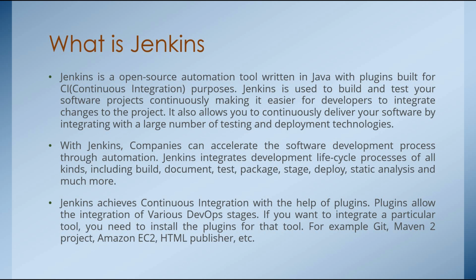And how we are achieving CI, continuous integration, is with the help of plugins. Plugins allow us to integrate various development stages, which eases the life of DevOps engineers as well as developers. So if you want to integrate any particular tool, you have to install the plugin of that particular tool.